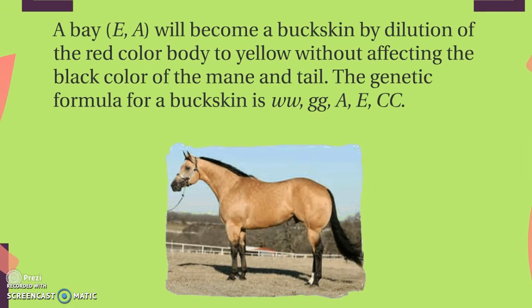A bay, big E, big A, will become a buckskin by dilution of the red color of the body to yellow without affecting the black color of the mane and tail. The genetic formula for a buckskin, which is what this is: little w, little w, little g, big A, big E, big C, little c.